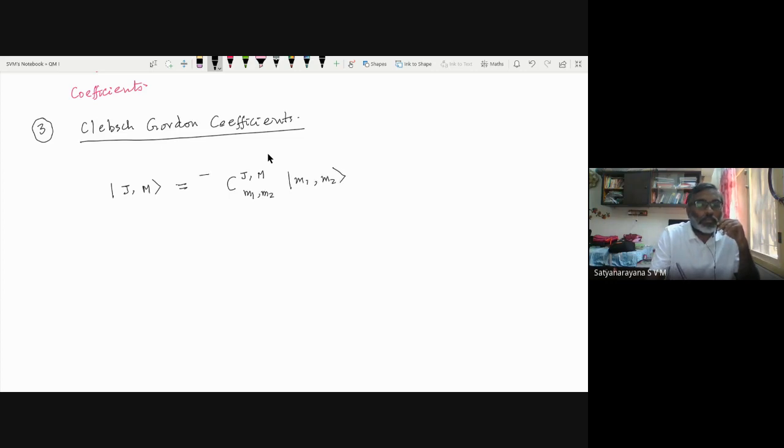Of course, this has to be summed over all these M1 comma M2. Okay, so M1 will go from minus J1 to plus J1, and M2 will go from minus J2 to plus J2. So these coefficients are called the Clebsch Gordon coefficients, or in short, CG coefficients.